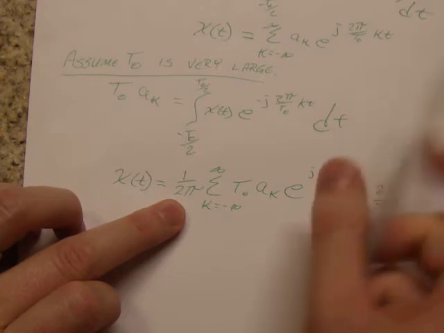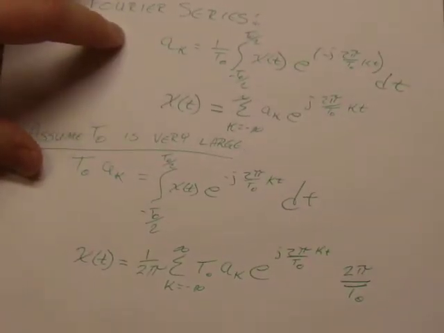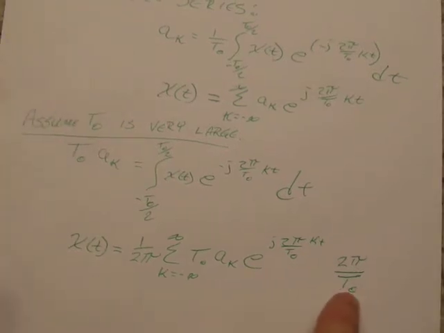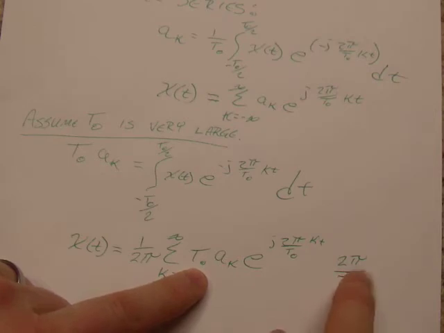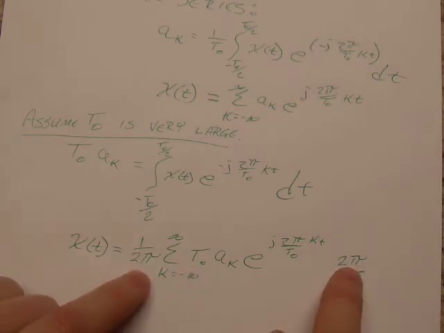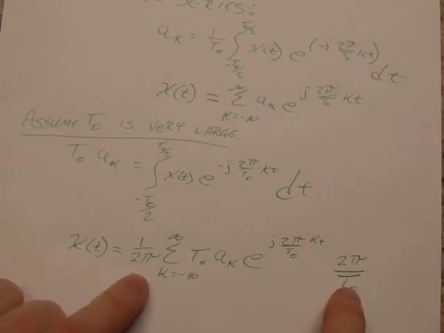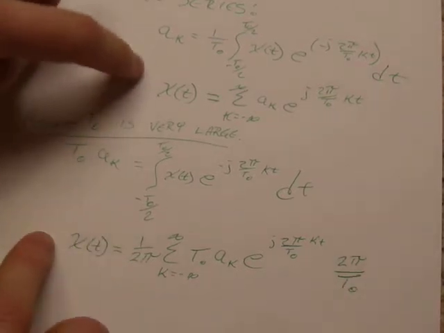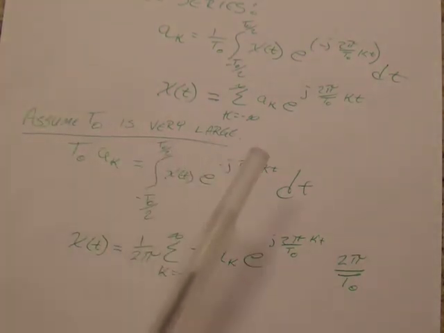If you compare this equation with the one before, we introduced a t naught in the numerator and denominator, and a 2 pi in the numerator and denominator. So all we did was multiply by 1. These are the same equation. We just introduced some variables so we can keep track of things as we move through.